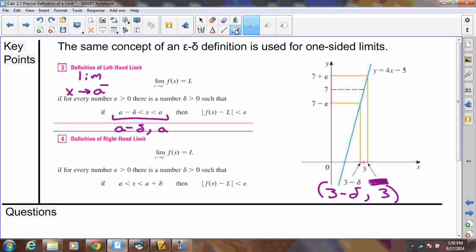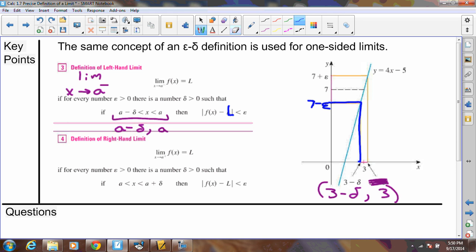Okay, if we pair those together, we are still going to come straight up from our a minus delta to get something like 7 minus an epsilon. That's the limit. Depending on the type of graph, though, this one winds up being that the graph is falling underneath our limit of 7.